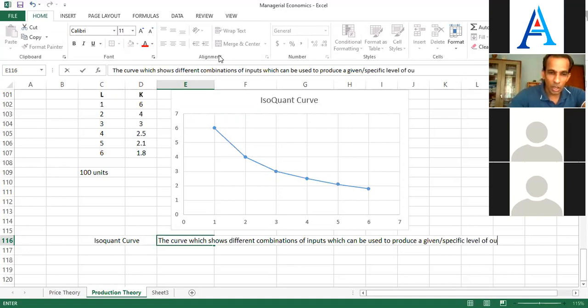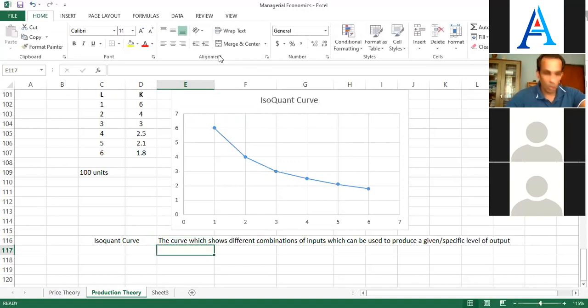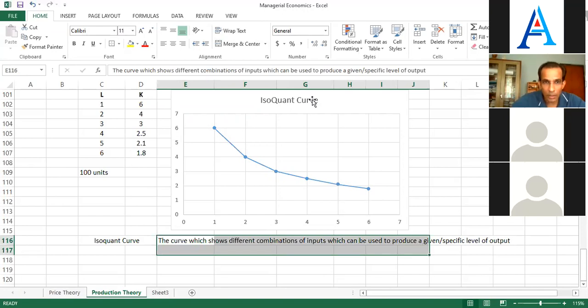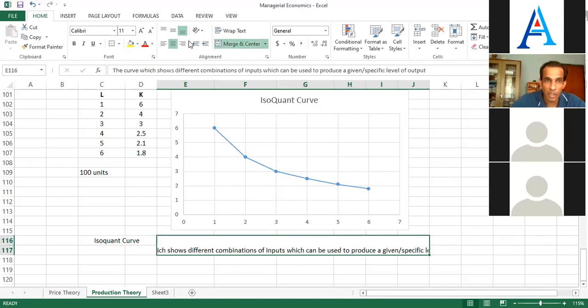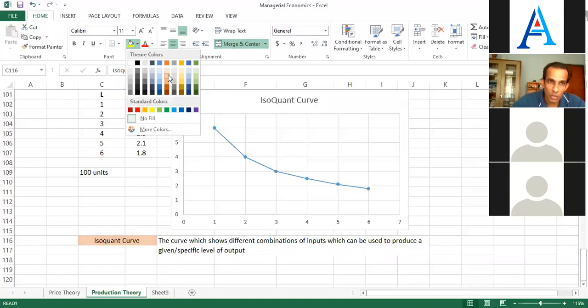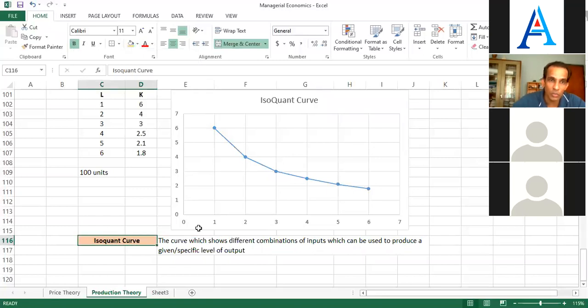That is the meaning of the isoquant curve. It is a curve that shows the different combinations of inputs which can be used to produce a given level of output.